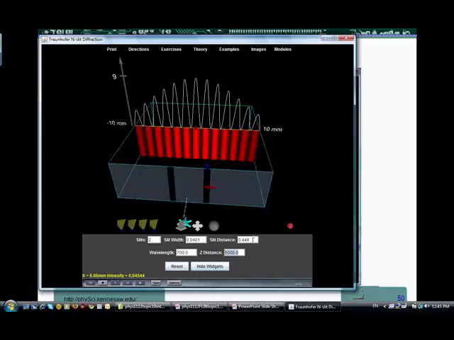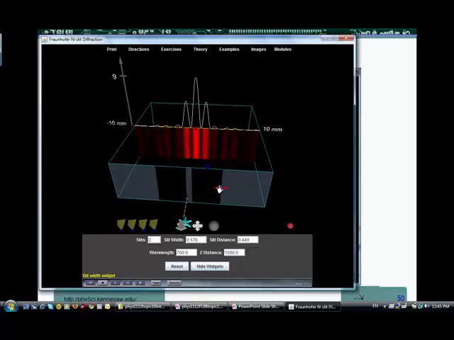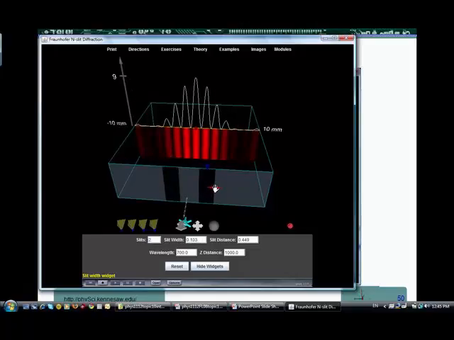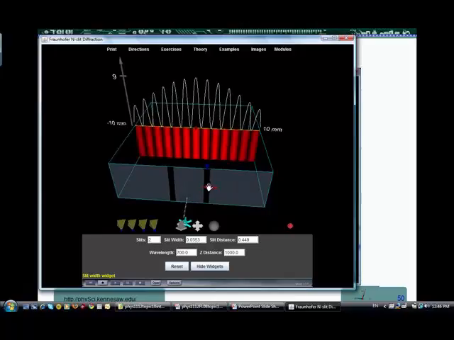Okay, what I'm going to do here, I'm going to change the slit width. I can change it here by this widget. This is when it gets big, this is when it gets narrow. Now what I would like you to pay attention to as I change the slit width, notice what happens to the positions of the maxima.